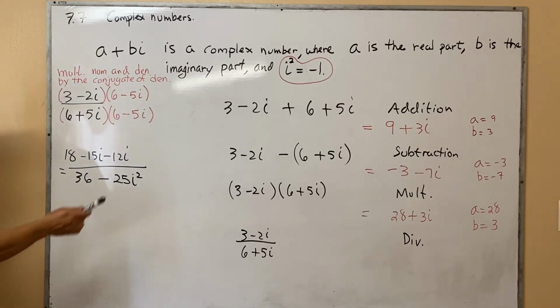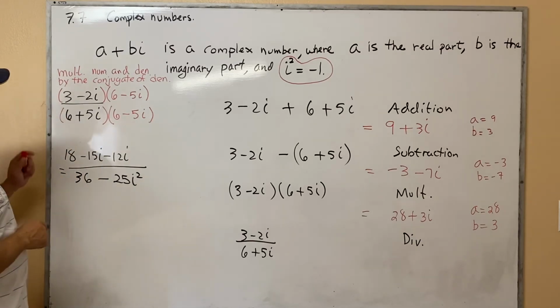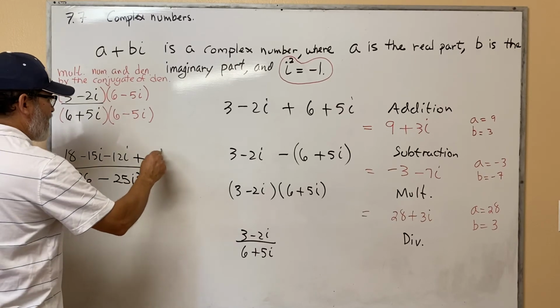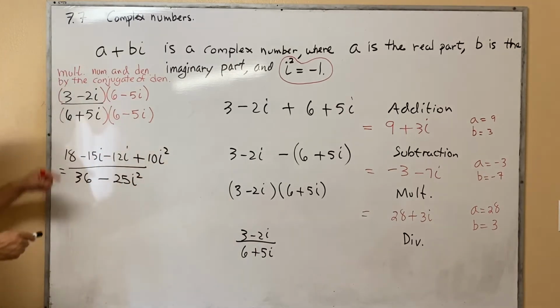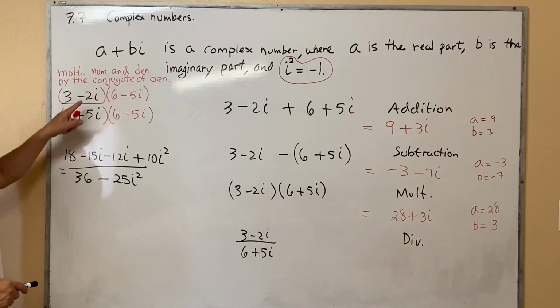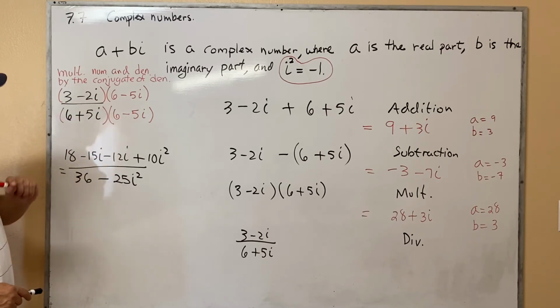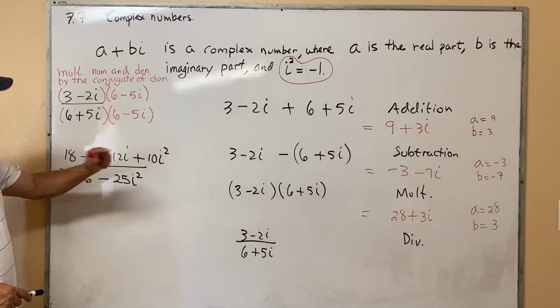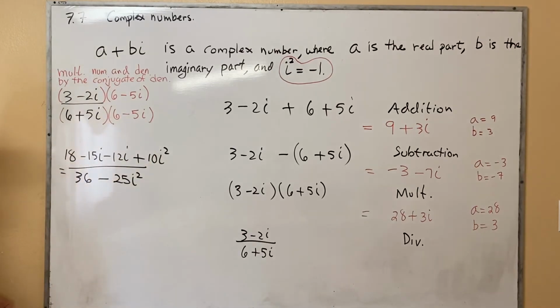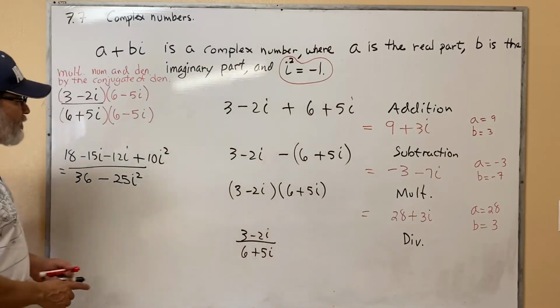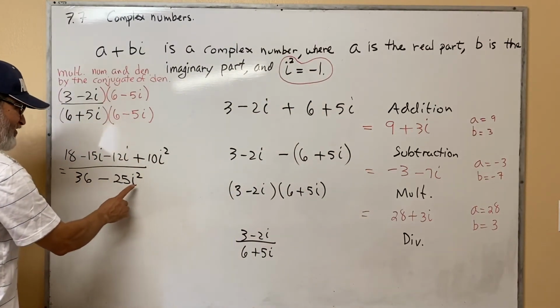Last, negative 2i times negative 5i. Plus 10i squared. Let me check again. 3 times 6 is 18. 3 times negative 5i is negative 15i. Negative 2i times 6 is negative 12i. Negative 2i times negative 5i is positive 10i squared. Okay. And we all know that i squared is negative 1. So I'm going to plug in negative 1 there and negative 1 there.